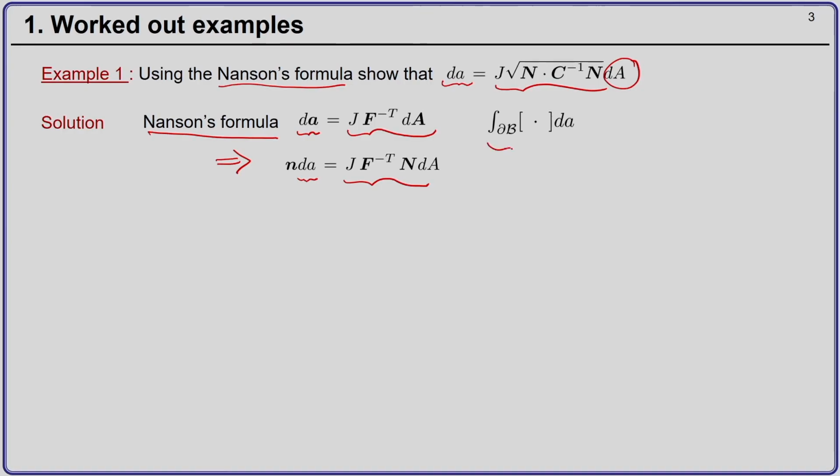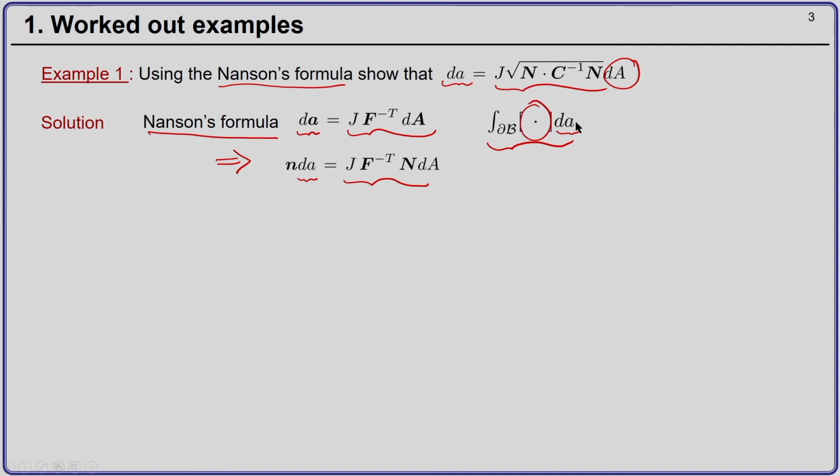Why we need to show this is because many times you will have integrals over the current area, with an integrand times dA.